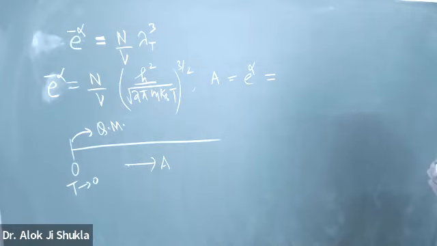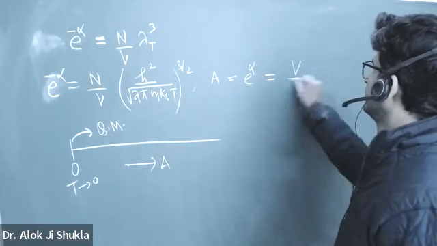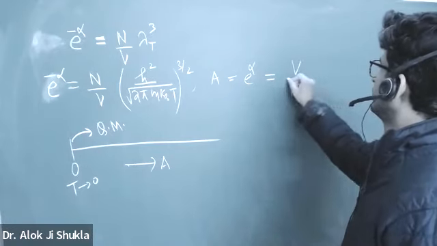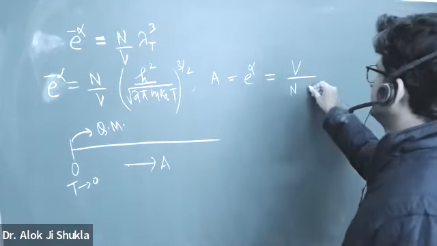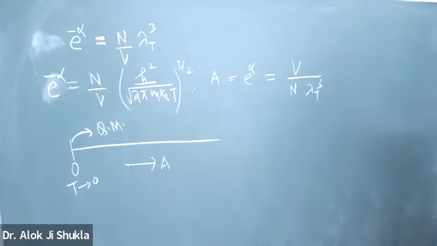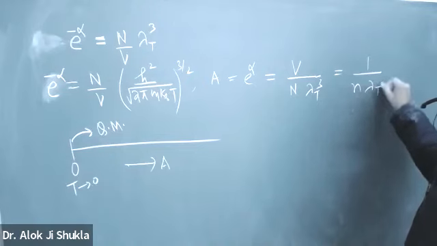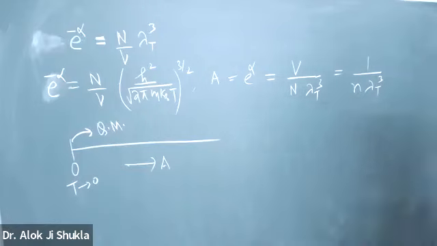E to the power alpha is v by n, and here lambda t cube, correct? So it will become 1 by n lambda t cube. Is that right?